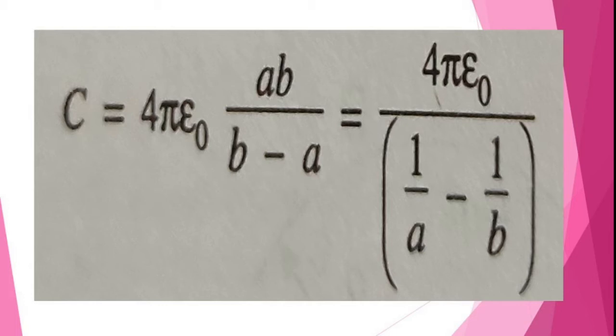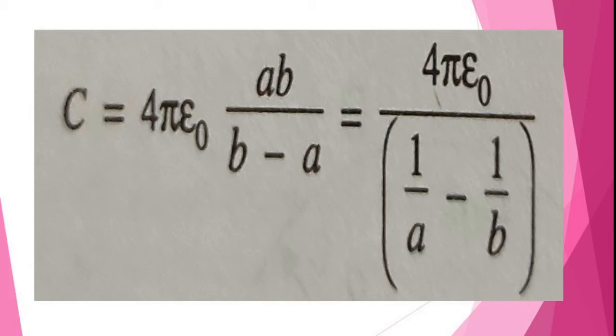Initially we considered two metal spheres as a spherical capacitor, and we got the expression for capacitance as 4 pi epsilon 0 divided by 1 by A minus 1 by B. Now if B is equal to infinity, what happens? Think about the picture.